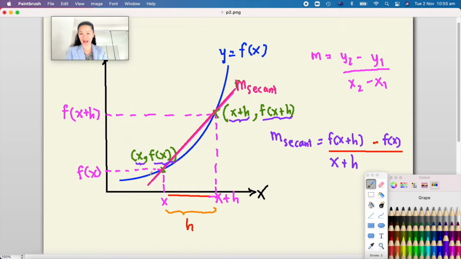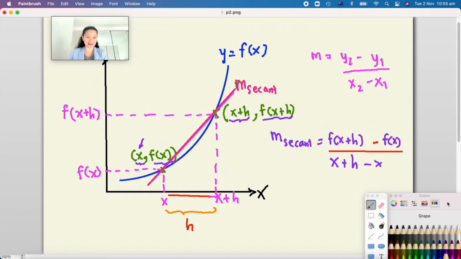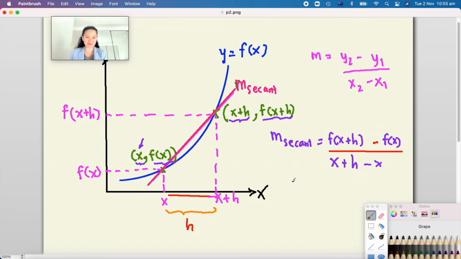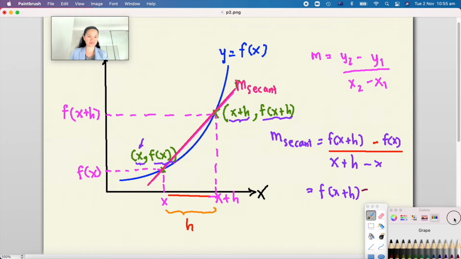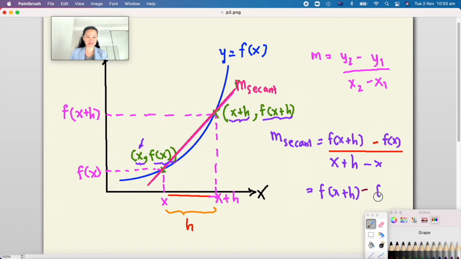What is x1? Yes, of course, it's here: x. So what do you have from here? You have m secant equals f(x plus h) minus f(x).